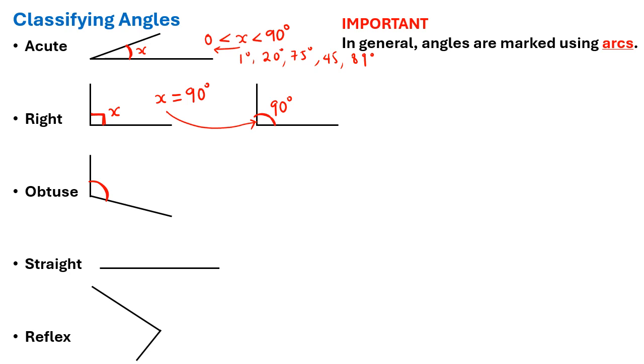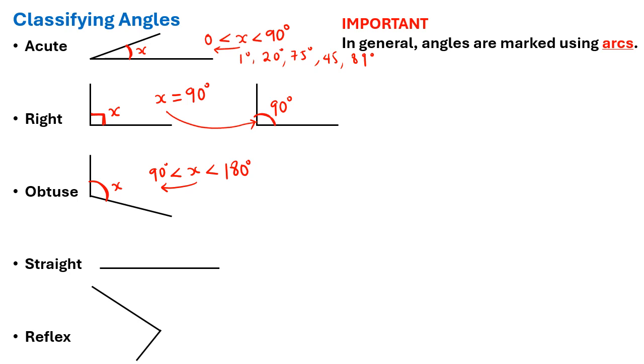To define an obtuse angle, we'll say an obtuse angle x is that angle that is greater than 90 degrees, reading from right to left, but less than 180 degrees. This is the definition of obtuse angles in general.